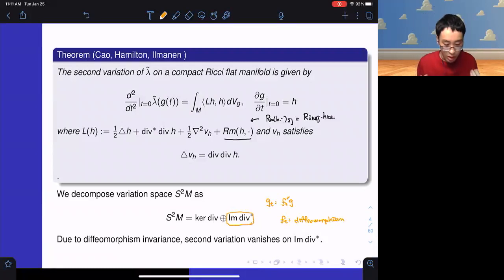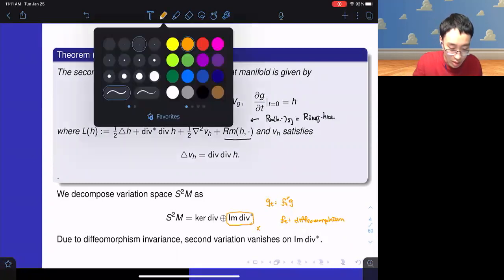So because our lambda is diffeomorphism invariant, our second variation will vanish on this part. And therefore, we only need to consider our variation space to be the elements lying in the kernel of divergence.